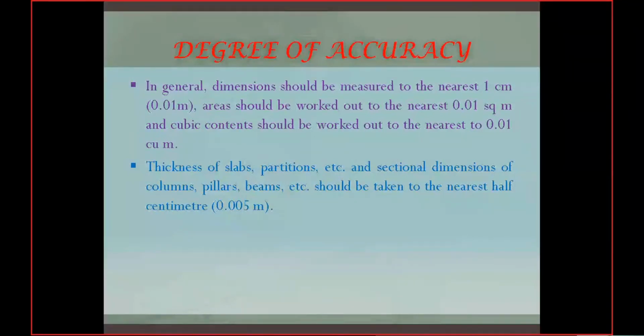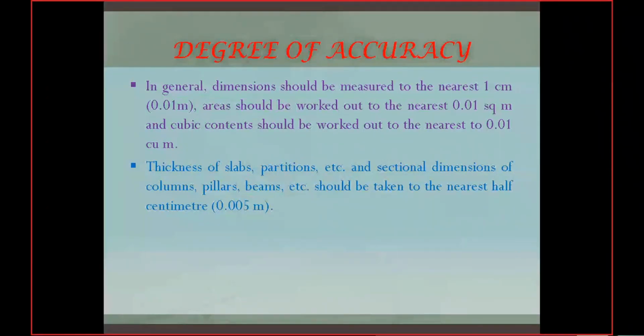That means 0.005 meter. Up to 0.005 meter, you need to measure the dimension.